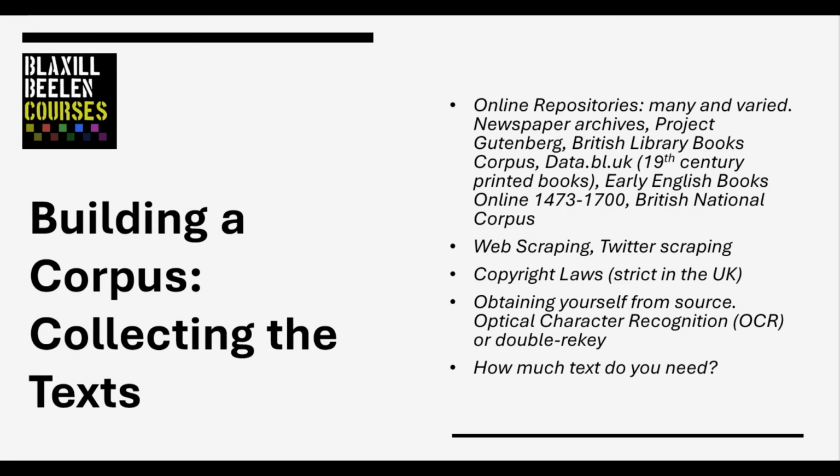So, to give examples of some online repositories that may be of use to you, depending, of course, on your research question, well, there are various newspaper archives. There is the British Newspaper Archive, or the BNA, which has vast digitizations of the provincial press in the 19th and 20th century in Britain.